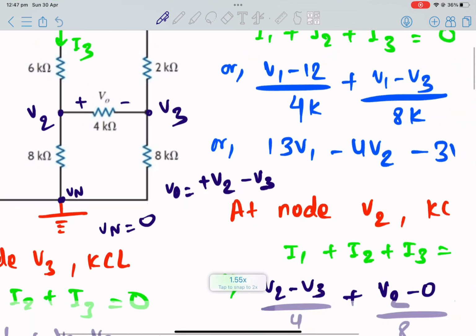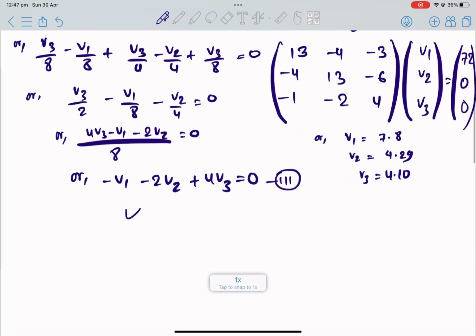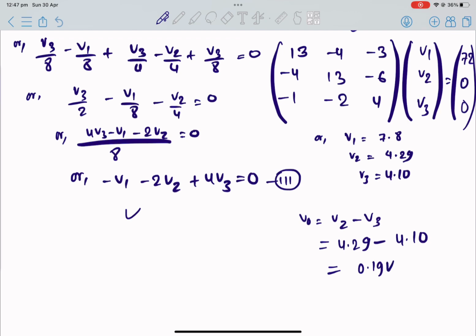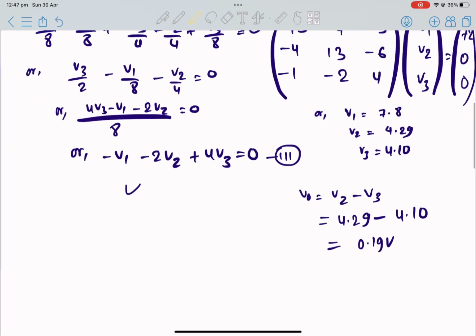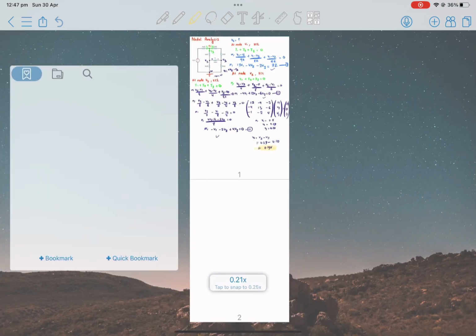So our V naught is V2 minus V3. That gives us V2 is 4.29 minus V3 is 4.10. So our final answer is 4.29 minus 4.10, that gives us 0.19 volt. This is our final answer.